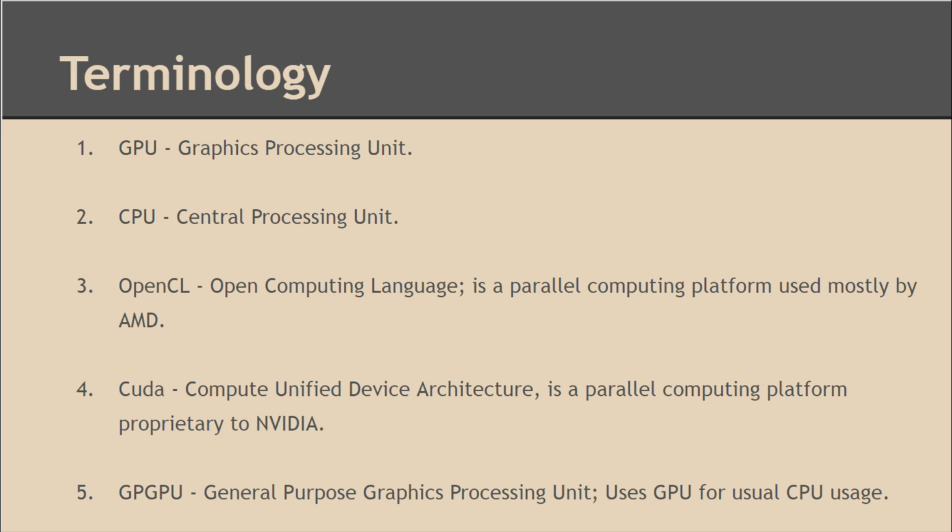It is used for parallel computing, and it's an open standard. CUDA is the NVIDIA equivalent of that, which is proprietary to NVIDIA hardware. And GPGPU is a general purpose GPU, which basically means using your GPU for something that's usually done CPU-wise.